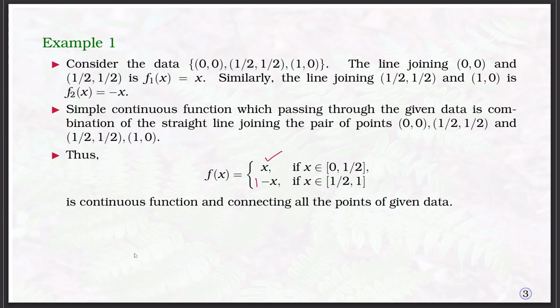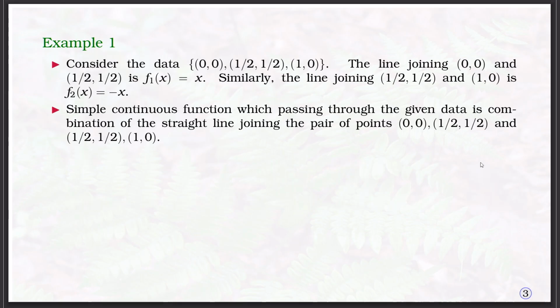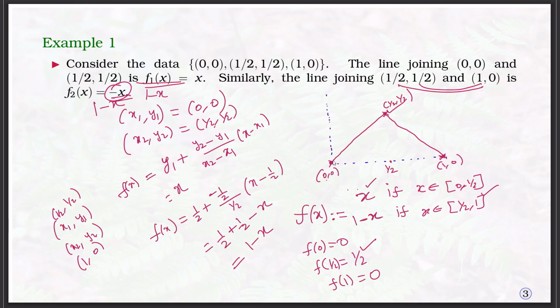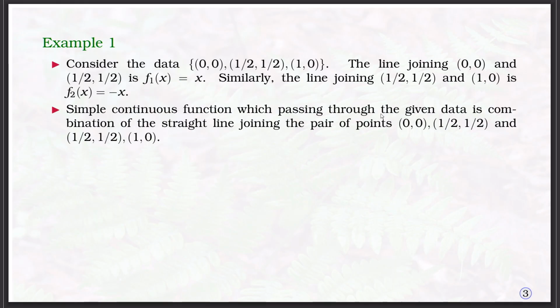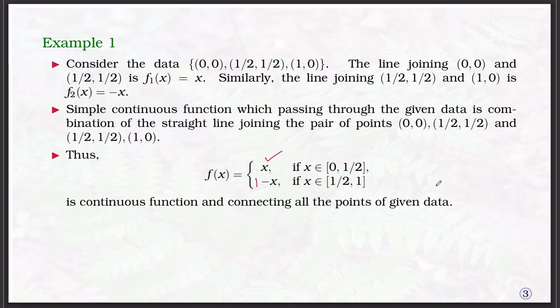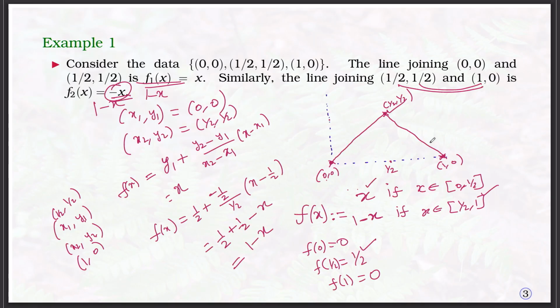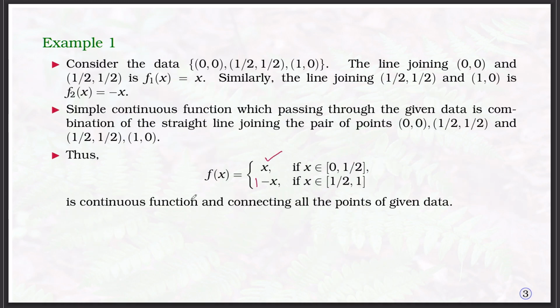This is obviously a continuous function. As we discussed in the definition of continuous function, we can simply draw the figure without lifting the hand. So, this can be an example of a continuous function. Also, it passes through the given set of points, and one can say that this is the classical interpolation function for interpolating the given set of points here.